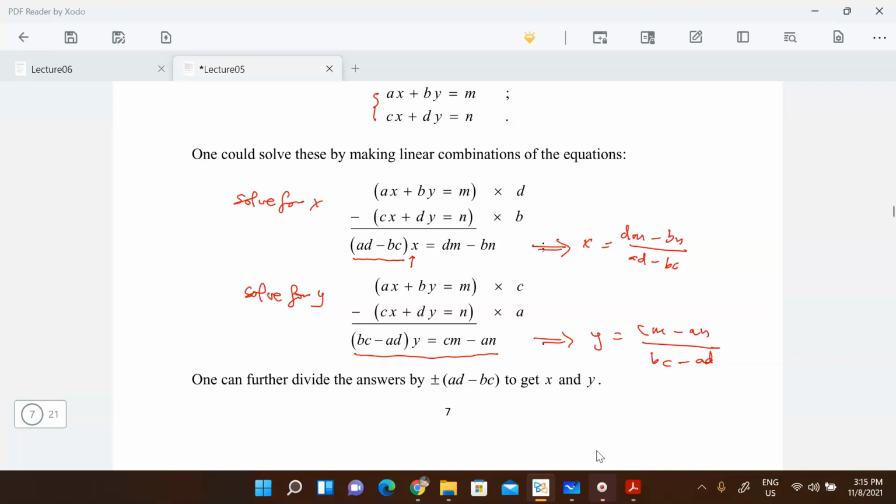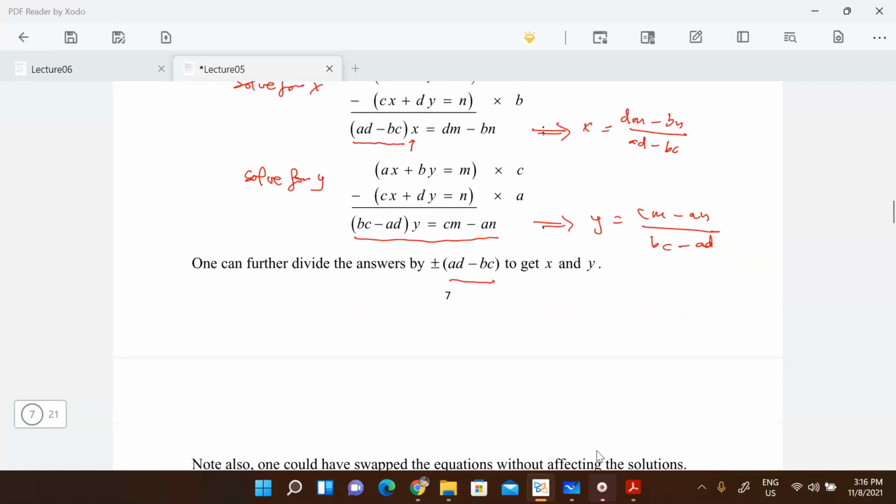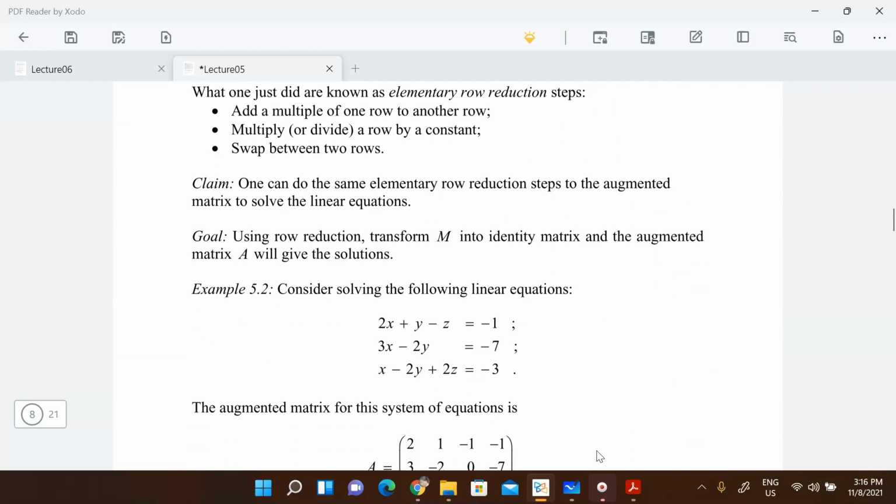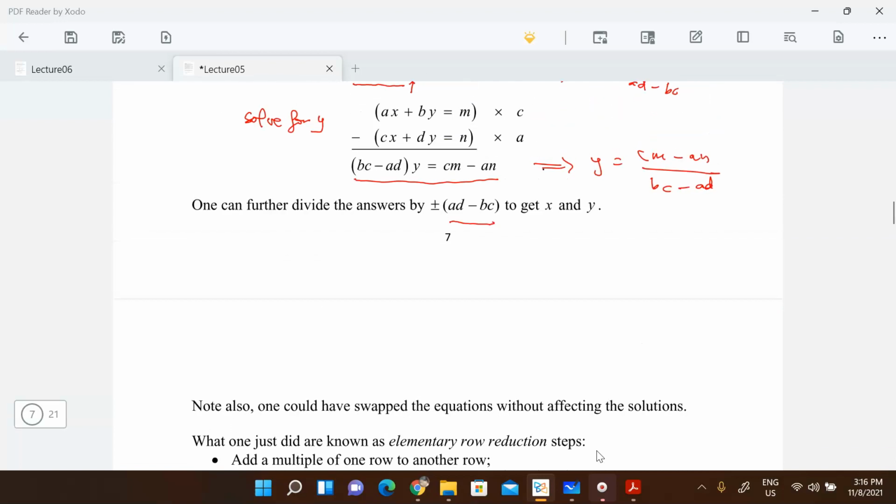Now it'd be interesting to see that I get the same denominator. Well, I mean, one is the negative of the other. And that number that you get from AD minus BC actually comes from, I didn't do it over here, what?